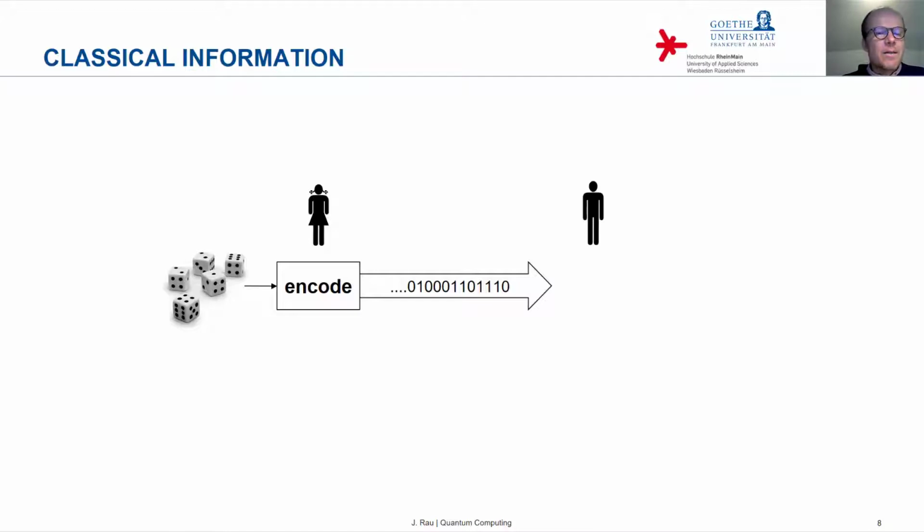So she must encode the outcome of her random experiment in a string of bits. So there's an encoding algorithm at work, and she encodes the outcome of her experiment in a sequence of bits.